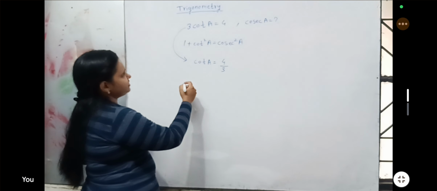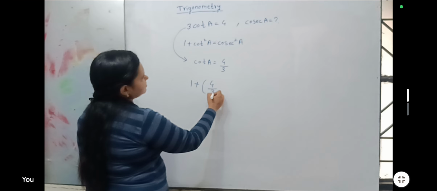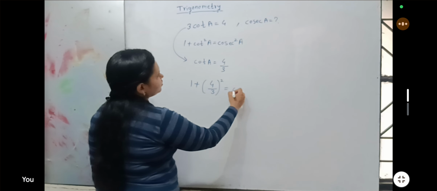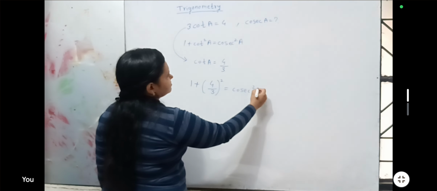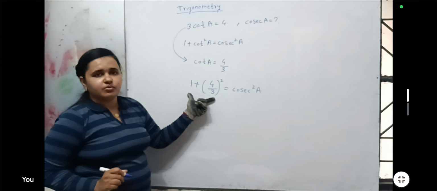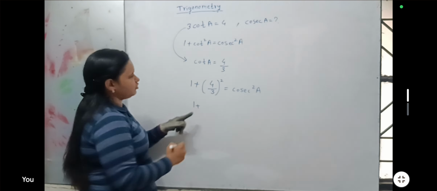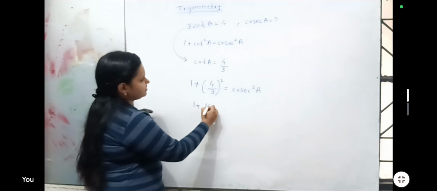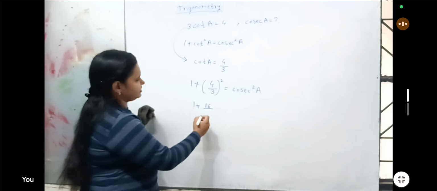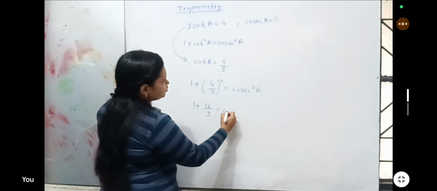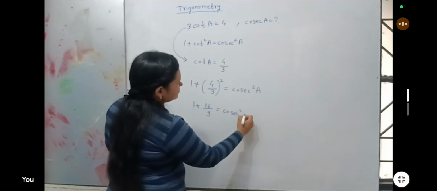Okay, 1 plus cot square A means 4 upon 3 whole square equals to cosec square. 1 plus, then 4 square is 16, 3 square is 9, equals to cosec square.